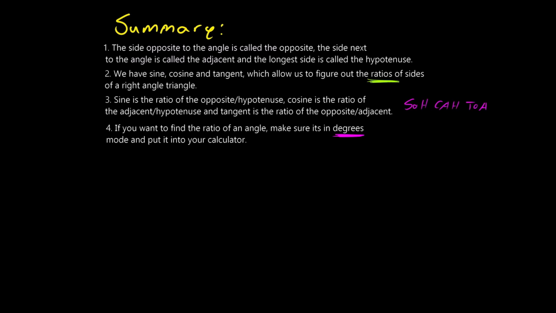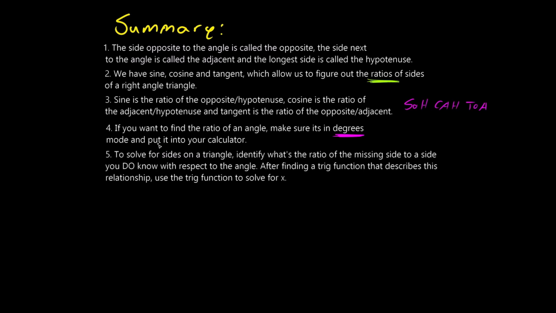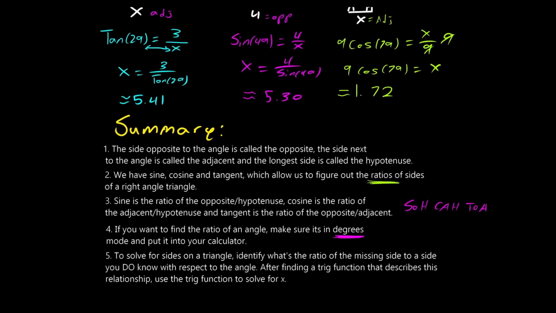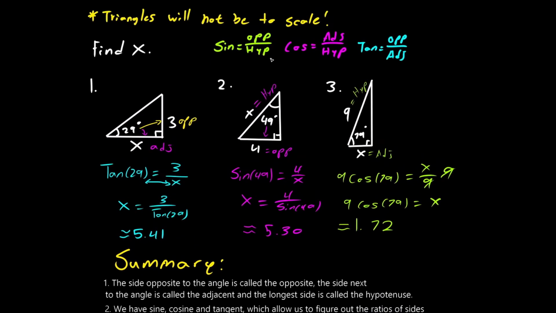Now, to solve for sides on a triangle, identify what ratio is on the missing side, or what's the ratio of the missing side to an angle that you do know with respect to an angle, and after finding a trig function that describes the relationship, use this trig function to solve for x. That's just a lot of words, but really what this means is find the ratio from earlier.